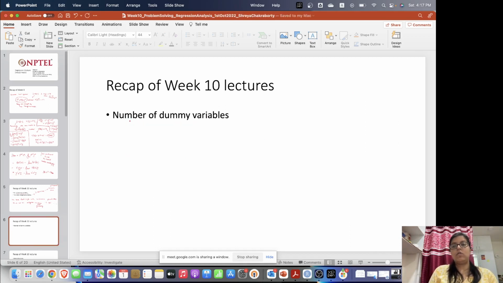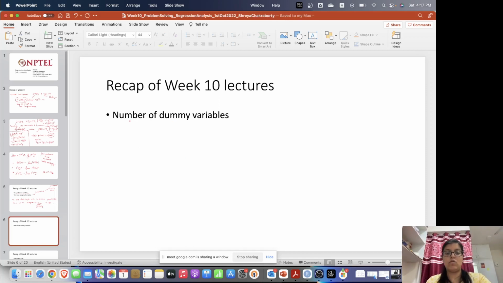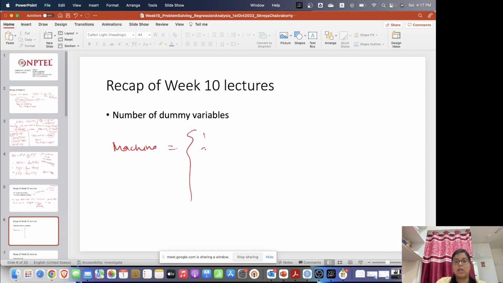And also we learned how to ascertain the number of dummy variables. So it was said that if we have, let's say, a variable machine which has 1, 2, 3, 4 blocks or categories, then we would have our total dummy variables.